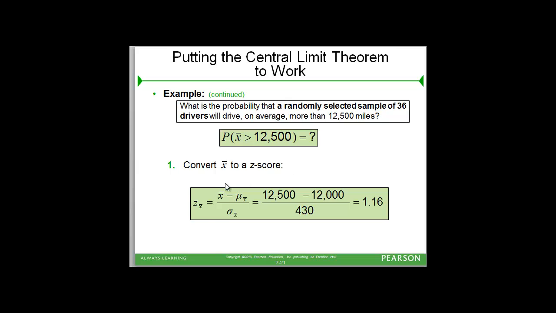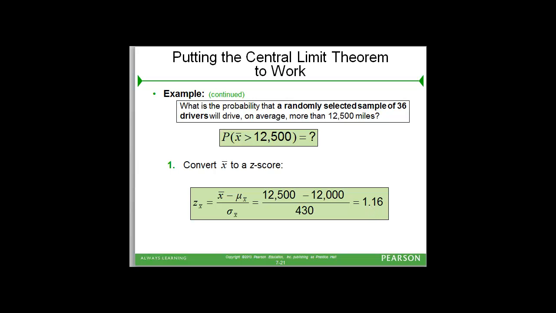The z-score equals x bar minus mu sub x bar over sigma sub x bar, that is 12,500 minus the population mean, divided by the standard deviation of 430, which equals 1.16.